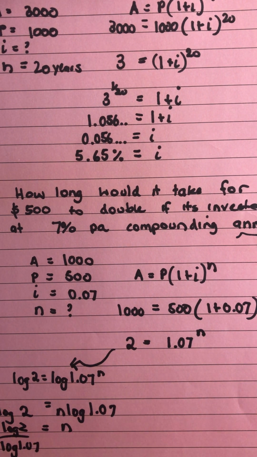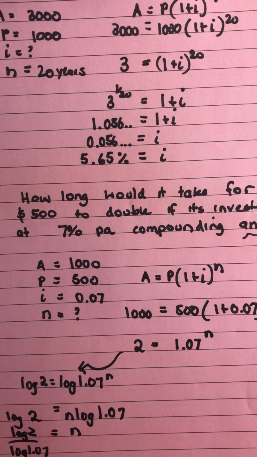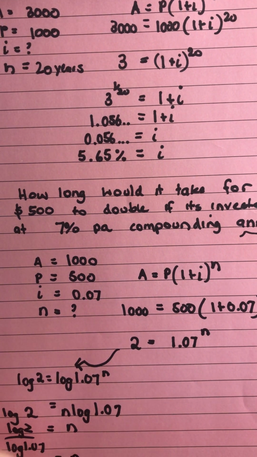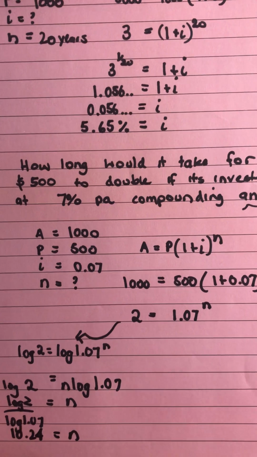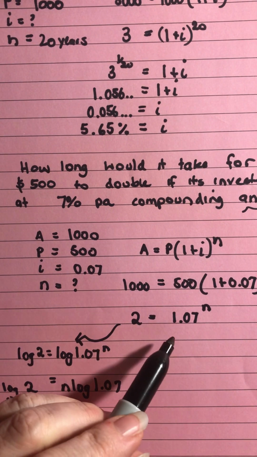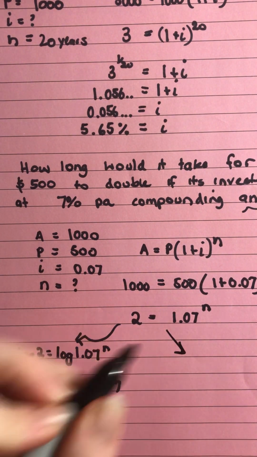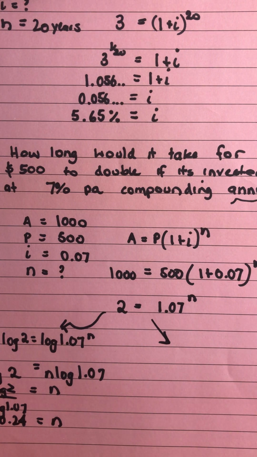We would grab our calculator and we will get 10.24. So then we would round that to 11. Over here we don't have that option when we're using what we know in the general maths course.